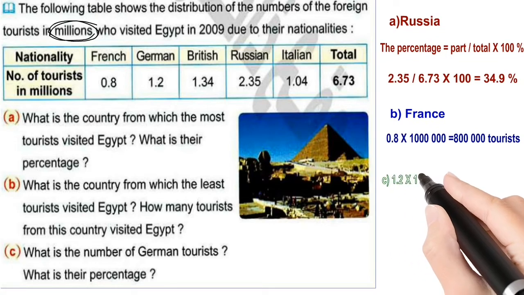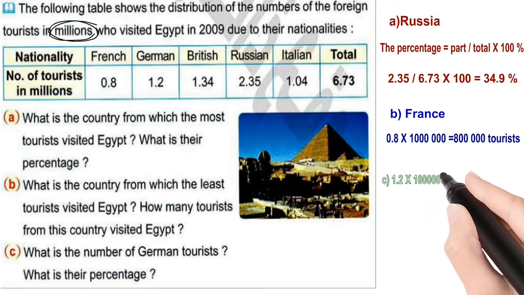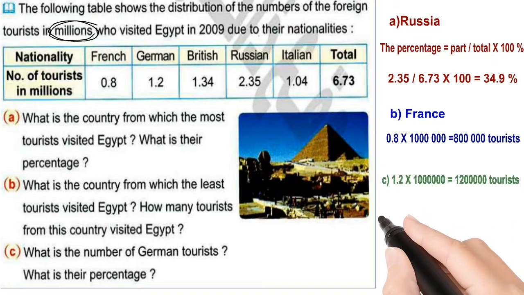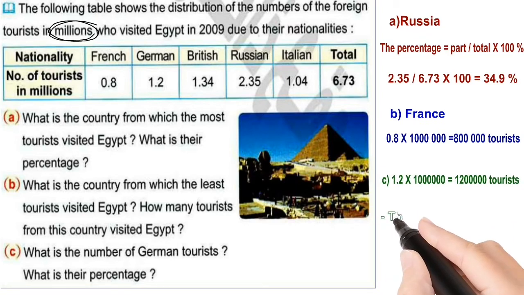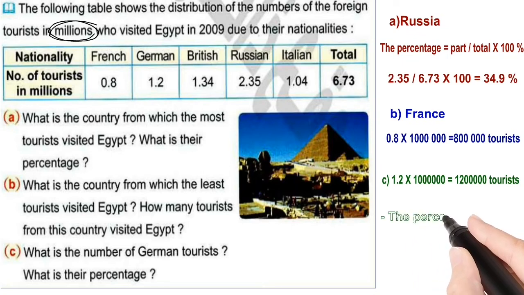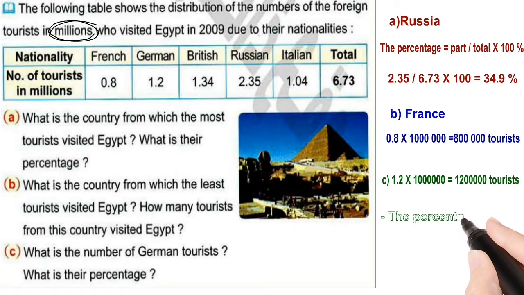C. What is the number of German tourists and what is their percentage? To find the number of German tourists, we will multiply 1.2 by 1 million. It will be 1,200,000 tourists. What about their percentage? Part divided by total multiplied by 100.